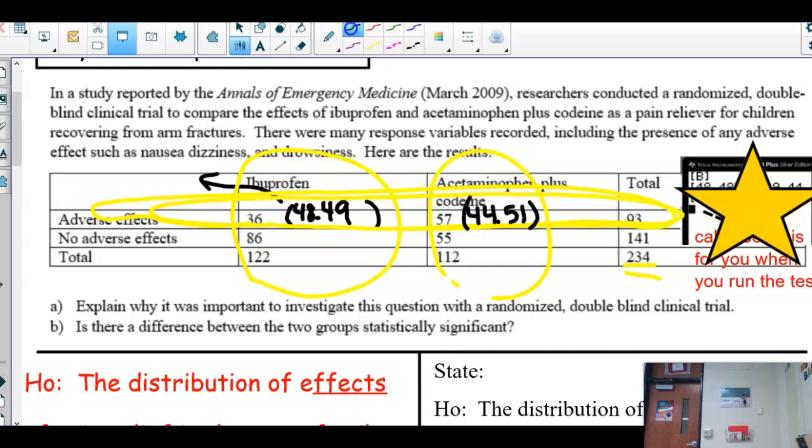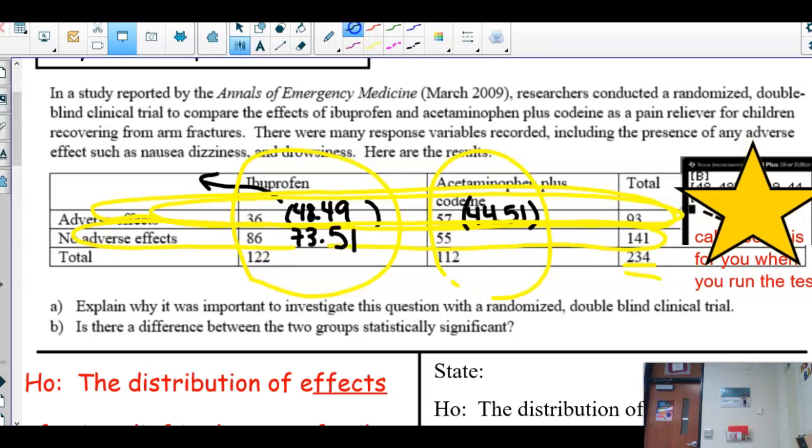Okay. And we keep doing that, so now we have to do the no adverse effects. We have 141 times 122. Hit enter. Divide by 234. And I have 73.51.